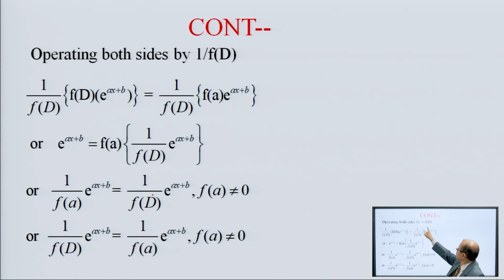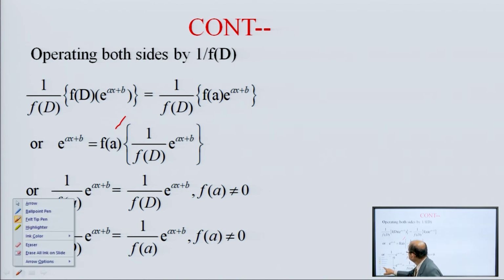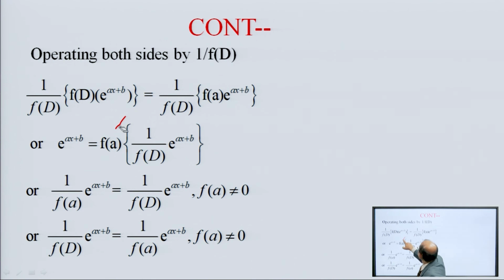Operating both sides by 1 by f(D), f(D) e^(ax+b) is equal to f(a) e^(ax+b). Operating both sides by this, 1 by f(D) cancels out, so e^(ax+b) is equal to f(a) times 1 by f(D) e^(ax+b).